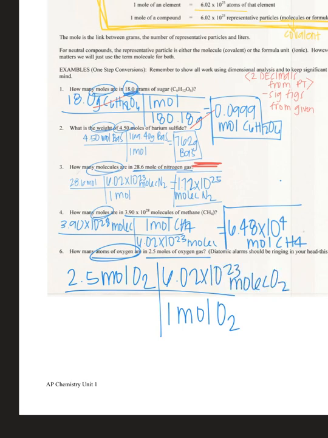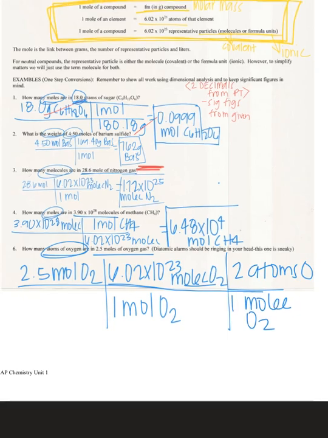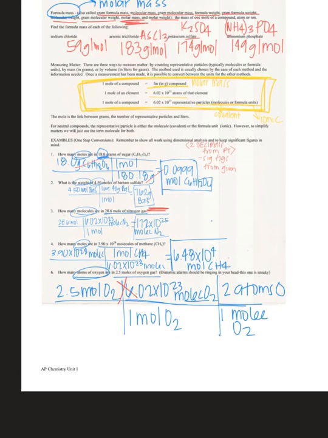But it didn't ask for molecules, it asked for atoms. So for every 1 molecule of O2, I have 2 atoms of oxygen. Remember, I'm multiplying across the top and dividing by what's on the bottom, but it's just a 1, so we don't have to worry about that.